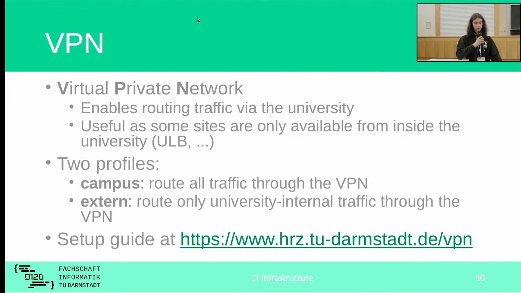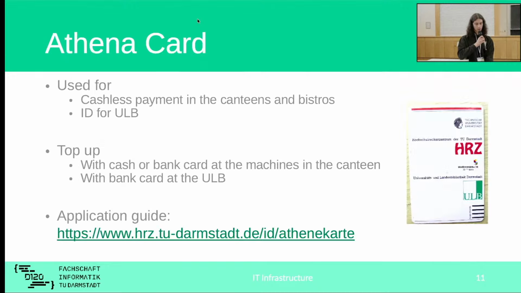It is a virtual private network, and it allows the routing to go within the university, which is useful for some sites like the ULB that require a university connection. It has 2 profiles. One is campus. With this option, all of your traffic, outbound and inbound, will be routed through TU Darmstadt. The other is the external profile, with which you will only forward external or university-internal websites through the VPN.